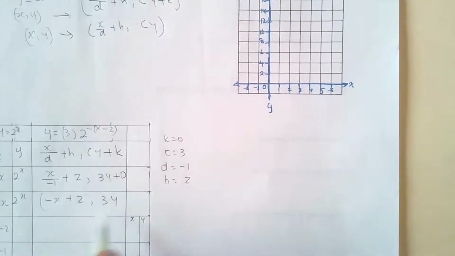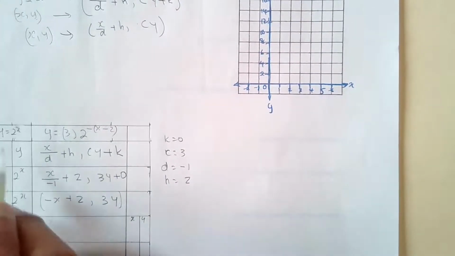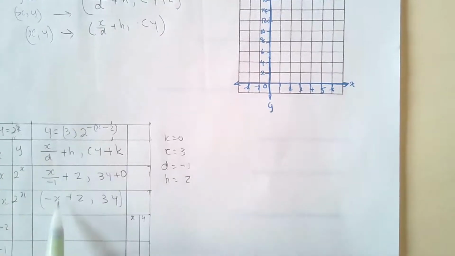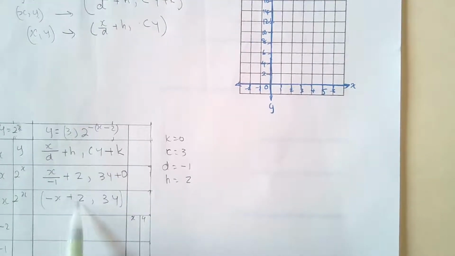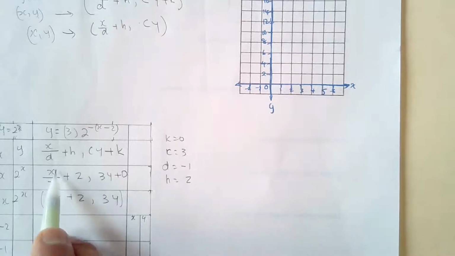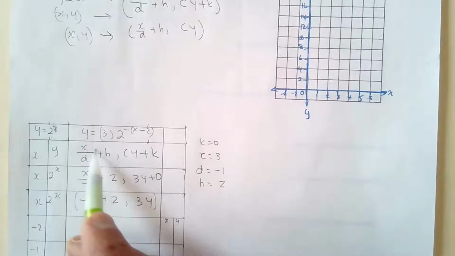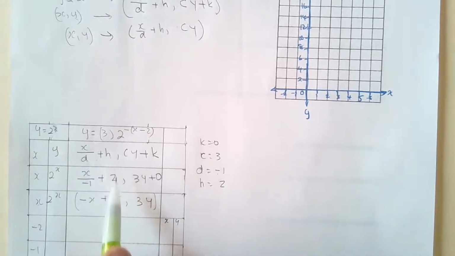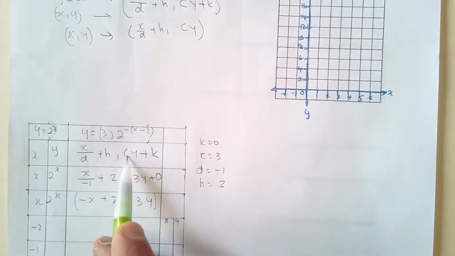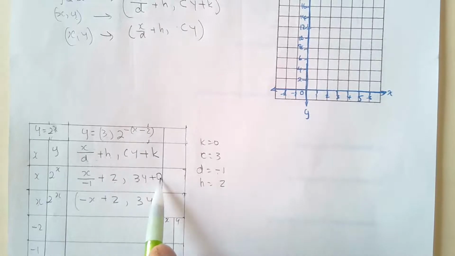So we have 2 to the x corresponding to negative x plus 2. Now, here we have x over d, so x over -1 plus h, which is 2. C is 3, plus k is 0.